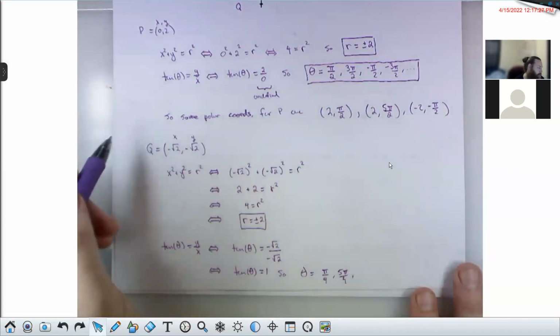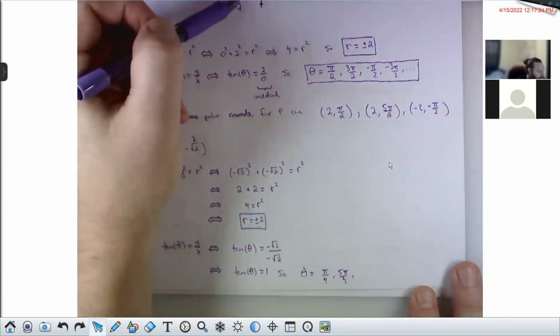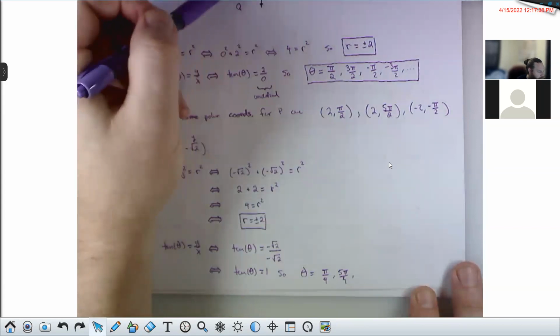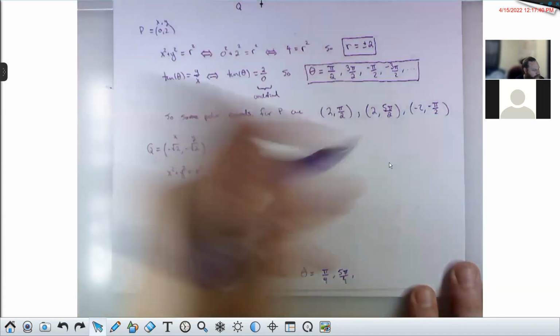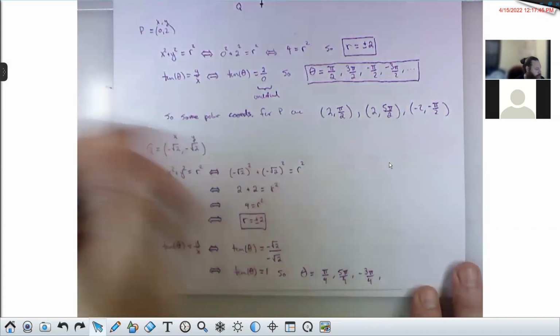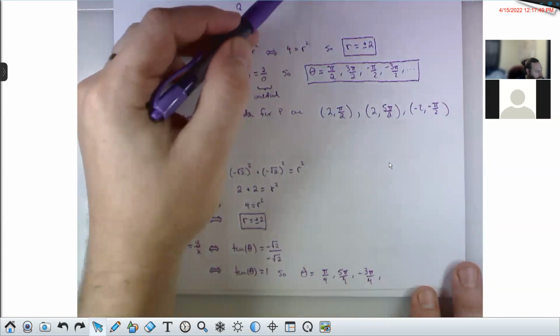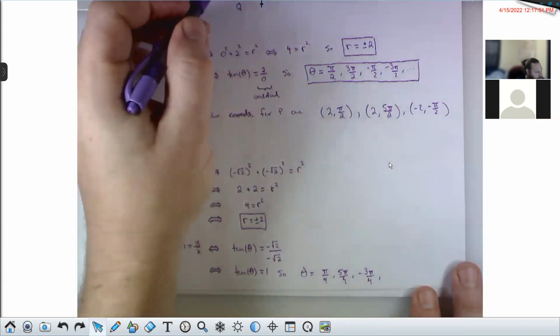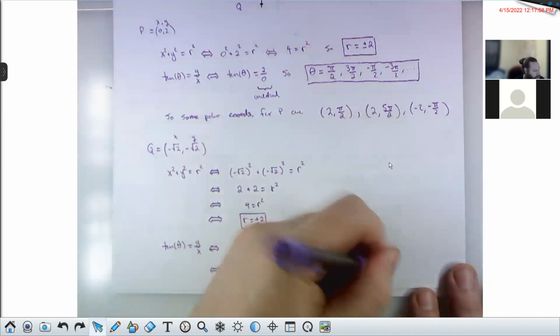We could also think of this as negative 3 pi over 4, or negative 5 pi over 4. I'll just stick with these. These are good enough for now.